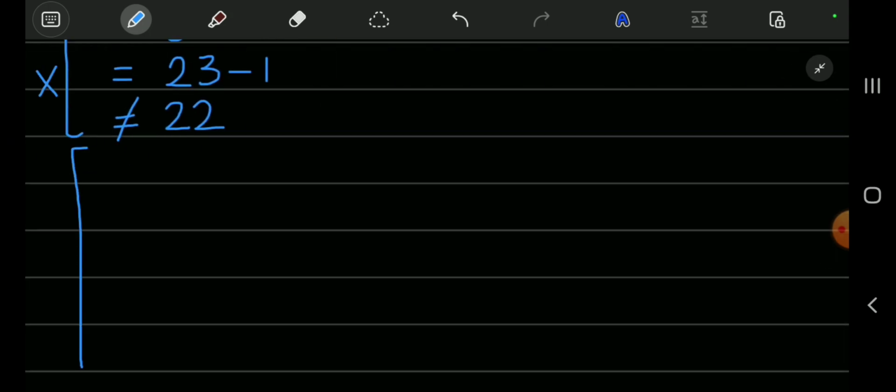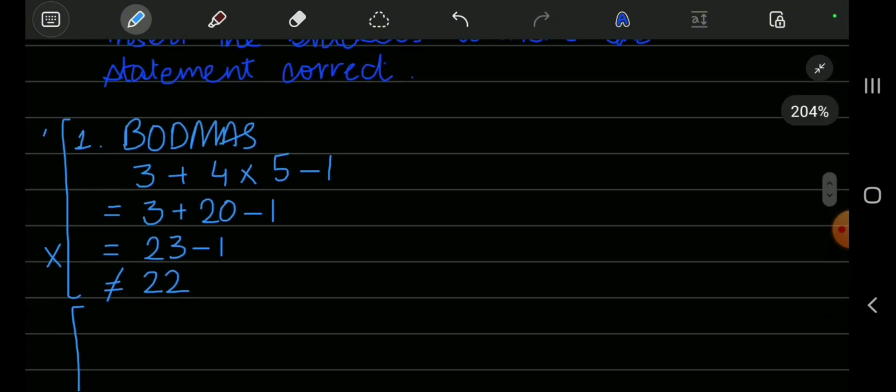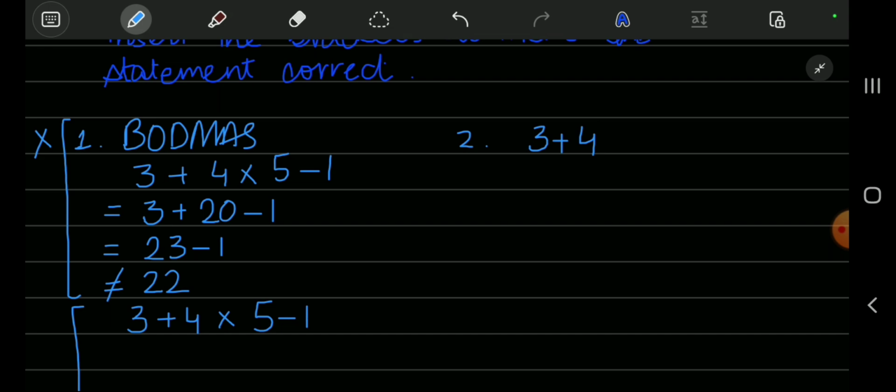Now let's consider another thing. Write the statement again: 3 plus 4 multiplied by 5 minus 1. I'm doing the second method in front. 3 plus 4 multiplied by 5 minus 1. One way we can do it is put a bracket here.